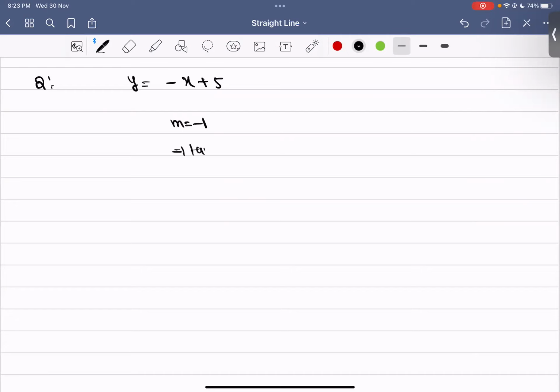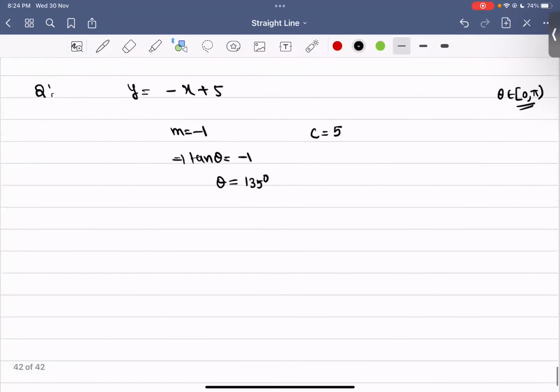Slope m means tan theta, so tan theta is equal to minus 1. What is theta? Theta belongs to the interval closed 0 to open pi only, for inclination. So theta is equal to 135 degrees. Tan 135 is tan of 90 plus 45, which is minus cot 45, so minus 1. And the y-intercept C is equal to 5.